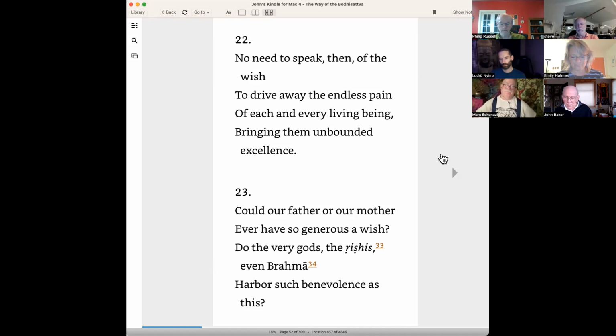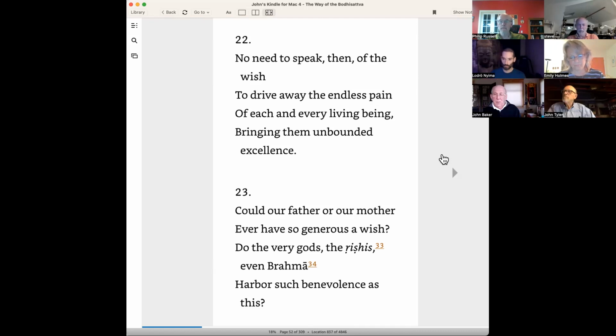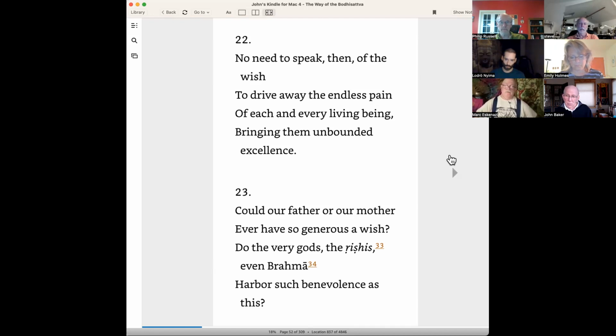The gods and the rishis are the wise yogi practitioners who have achieved enlightenment. And Brahma is one of the trinity of gods, Brahma, Vishnu, and Shiva. Brahma is the creator of the world, Vishnu is the sustainer, and Shiva is the destroyer. And Brahma has abodes, the Brahma Viharas.